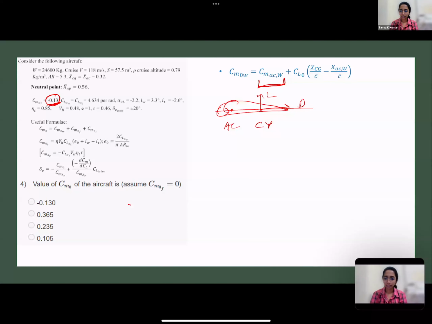Just try. For a negative CMAC at the wing, what kind of airfoil would it be? Just a guess.